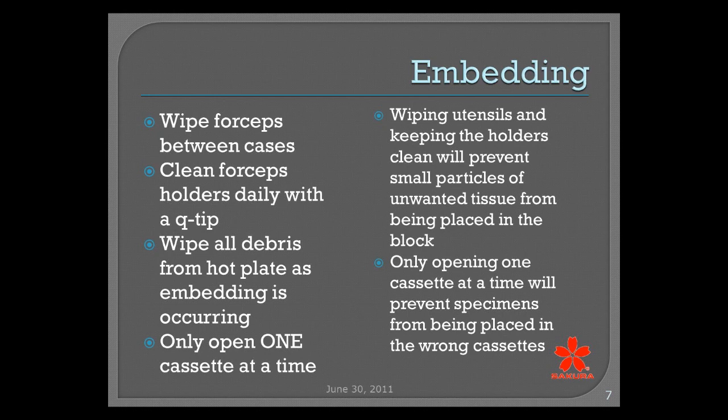And just like with grossing, only open one cassette at a time. If you're laying 2 or 3 cassettes out on your hot plate, and even if they are the same case and you're opening them all up at the same time, you're still taking the risk of putting the wrong tissue in with the wrong case.